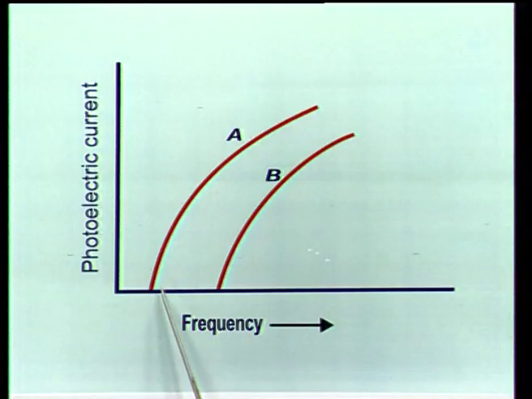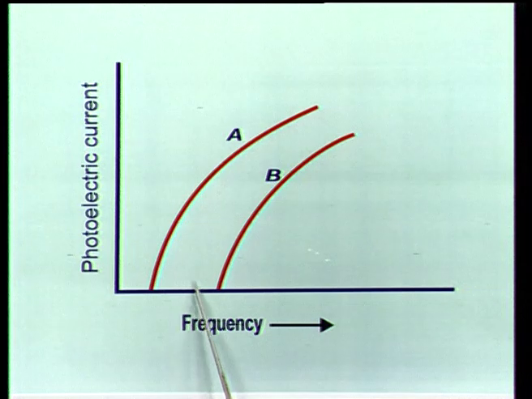The cutoff wavelength for metal B is different from that of metal A, and what we observe is that each metal has its own cutoff frequency. That means, below that frequency no photoelectron is released from that particular photoemissive cell.